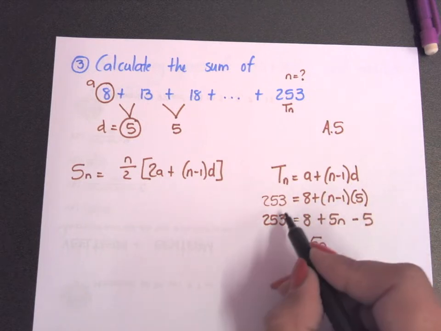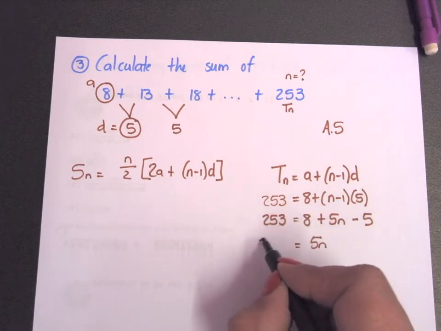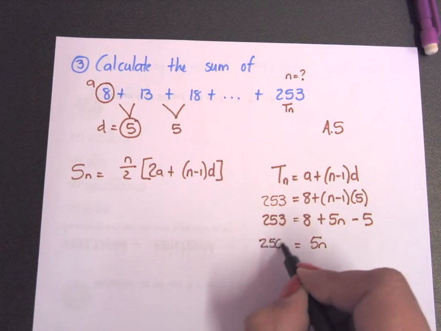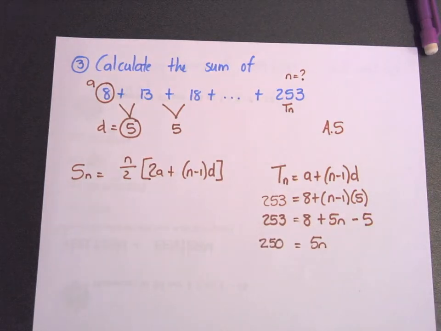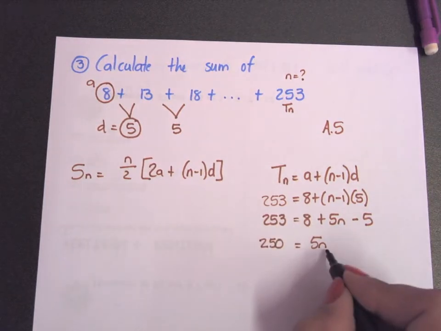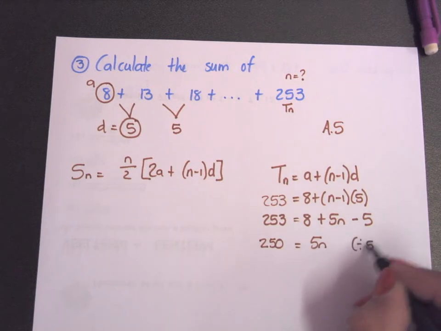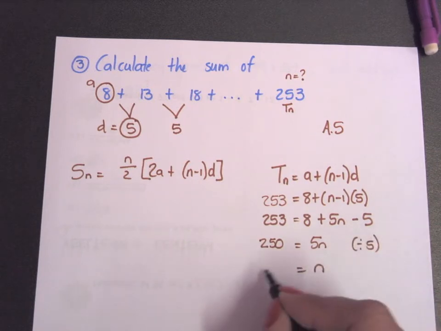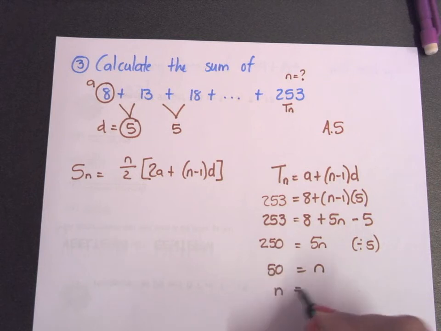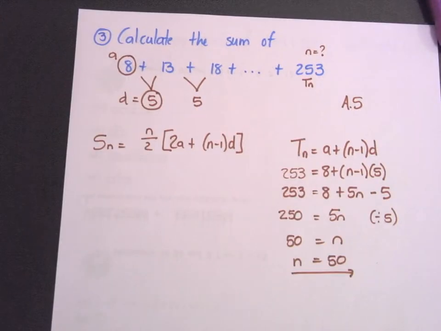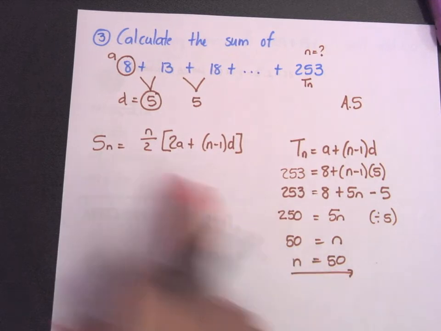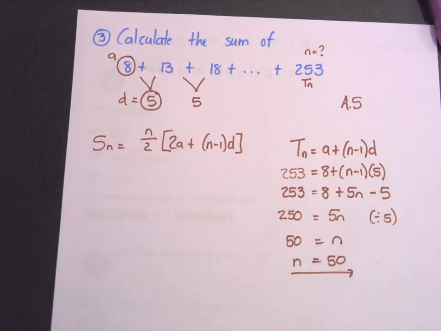Take the 3 over to the left hand side, then we minus it, so it's 250 equals 5n. Now we divide by 5 and we get n equals 50. So n is 50 and we can substitute the 50 into our sum formula.